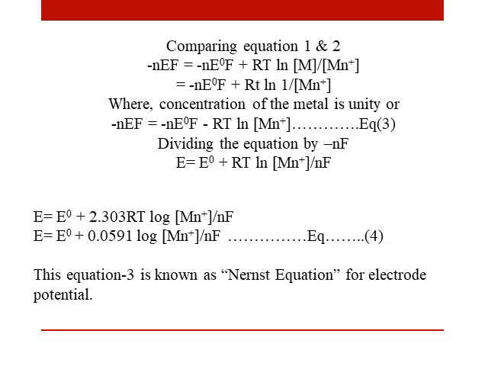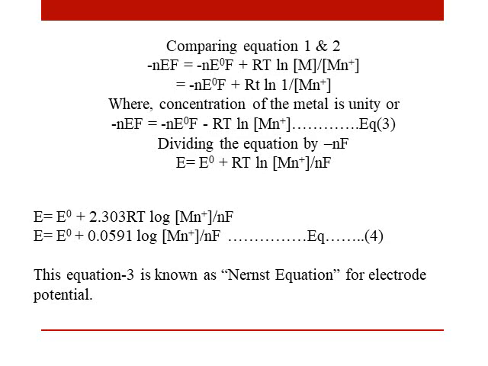Dividing equation 3 by minus NF, E is equal to E naught plus RT ln concentration of M n plus divided by NF. This is the fundamental Nernst equation.